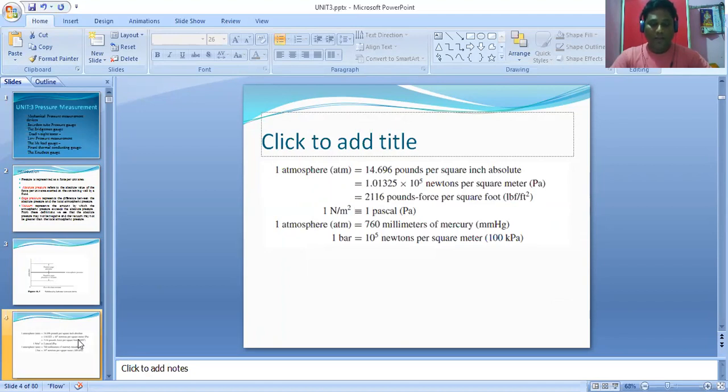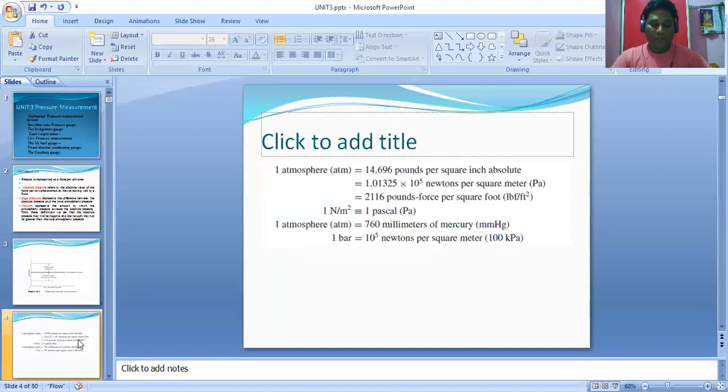The standard SI unit of pressure is Newton per square meter, that is N/m squared, or Pascal, denoted Pa.